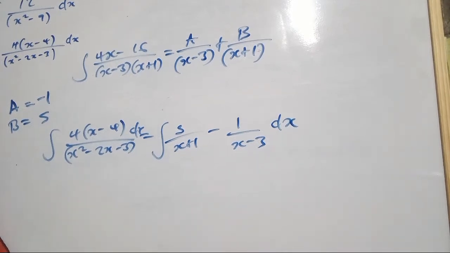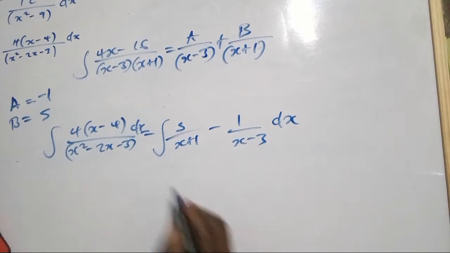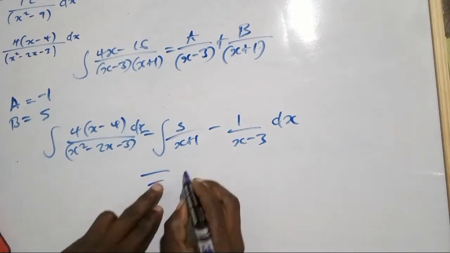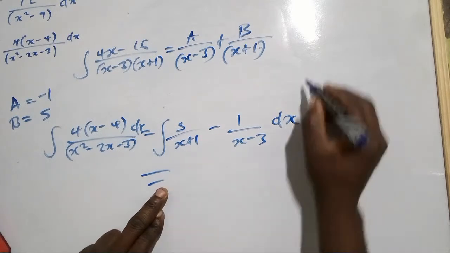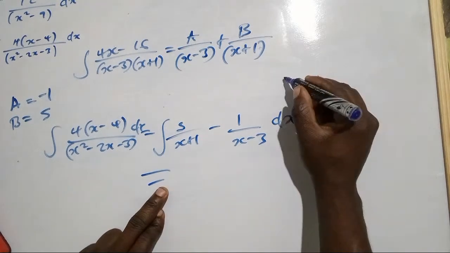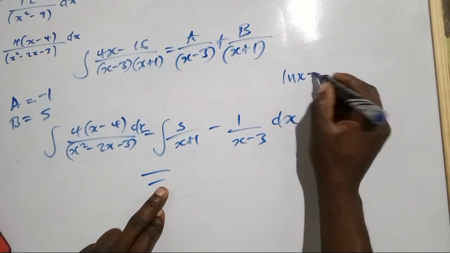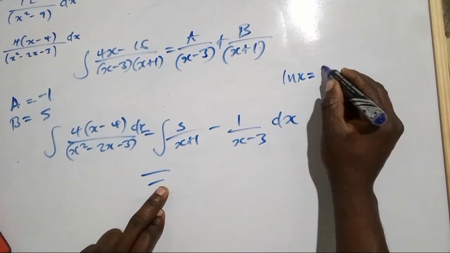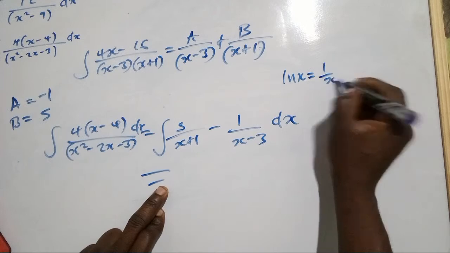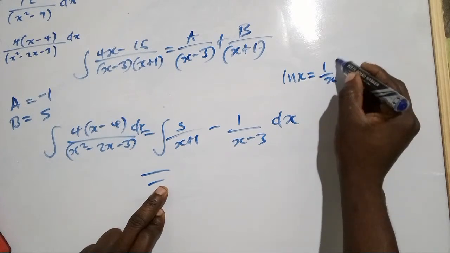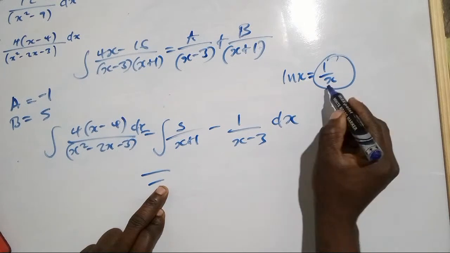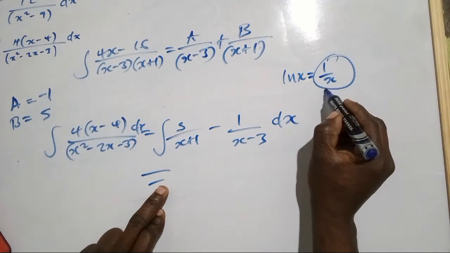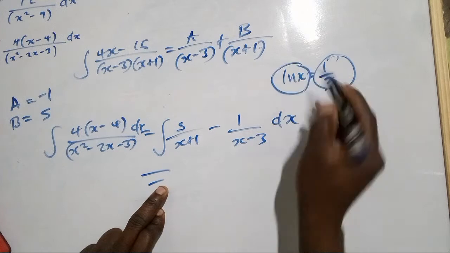So here now, when you integrate this one, remember, like I said, when you are differentiating, ln x gives 1 over x. So since we are integrating, we are coming from this side coming back to this term here.